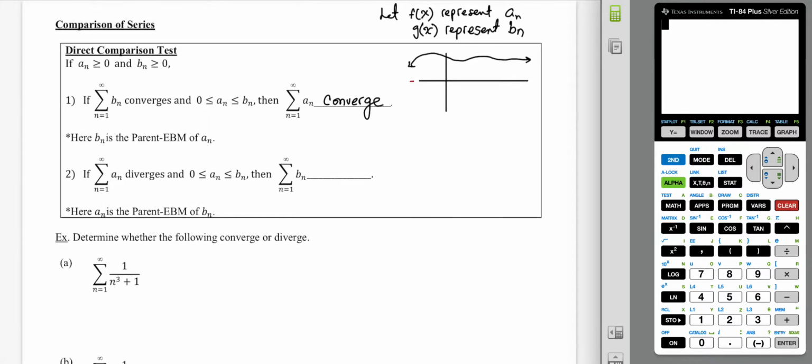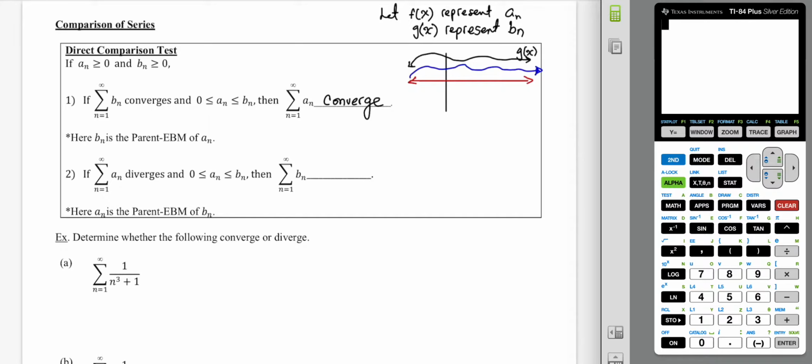And you have 0. So this is g of x. A sub n can behave any way it wants as long as it's always in between g of x and 0 for the relevant values of n, which is greater than or equal to 0.